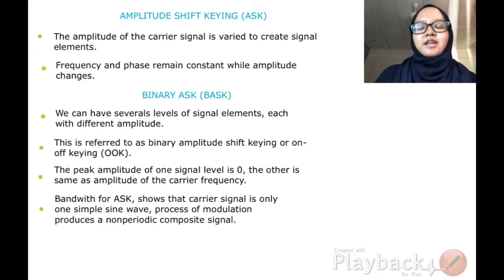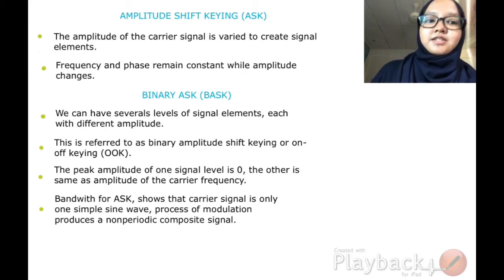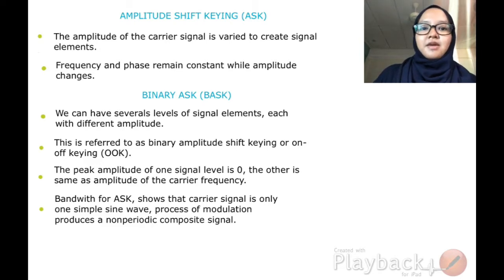In ASK, there is also binary ASK, where we can have several levels of signal elements, each with different amplitudes. It is also referred to as binary amplitude shift keying or on-off keying, called OOK. The peak amplitude of one signal level is 0, and the other is the same as the amplitude of the carrier frequency.